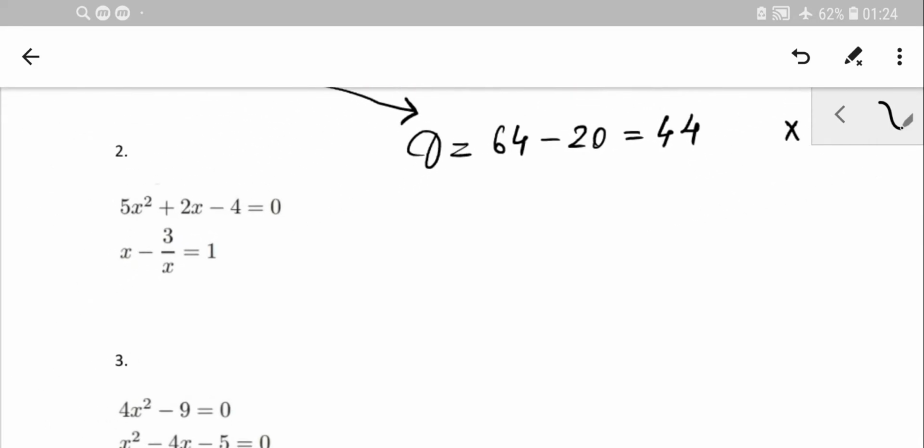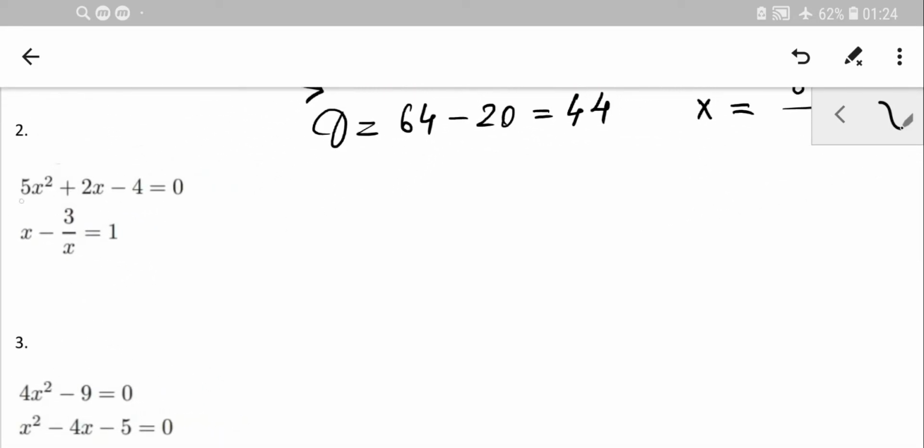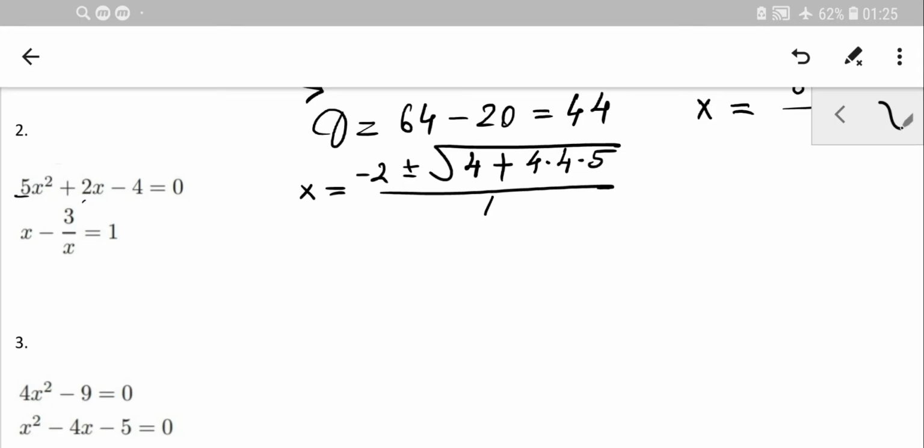Okay, let's move to the next one. So number 2, in this case, the only difference is the leading coefficient a is 5. I just write the formula and you try to match with what you have. Minus 2 plus minus square root of b squared, which is 2 squared, so it's 4, minus minus 4ac, which gives plus, because when you multiply minus 4ac you'll get positive 4 times 4 times 5, and over 2a means over 10.